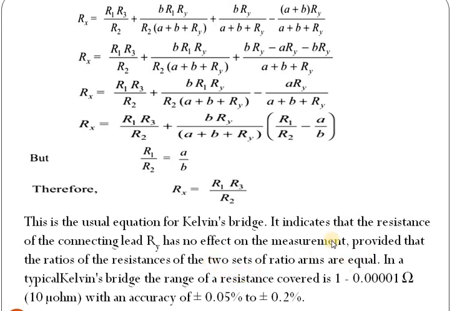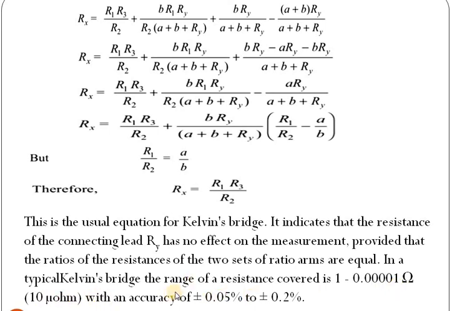Okay, so in a typical Kelvin's bridge the range of resistance covered is from 1 to 0.00001 ohm, nothing but 10 micro ohms. Here we have 0.401 ohm; this can be replaced by 10 micro ohms, so we have to indicate that one.